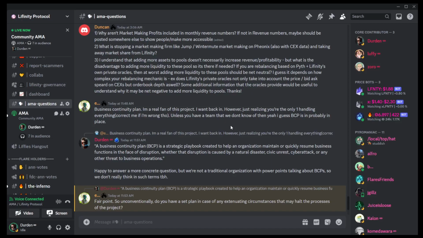I guess it depends on how complex your rebalancing mechanism is. For example, do Lifinity's private oracles not only take into account the price and bid-ask spread on centralized exchanges, but order book depth as well? Some additional information that the oracles provide would be useful to understand why it may be net negative to add more liquidity to pools. Thanks.